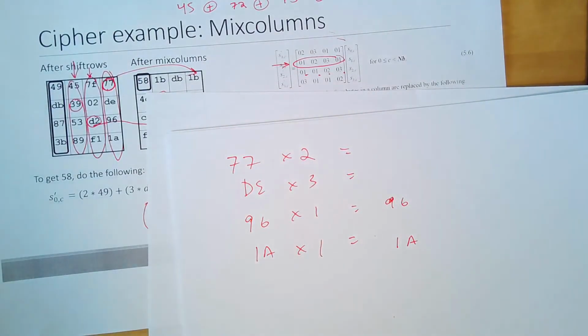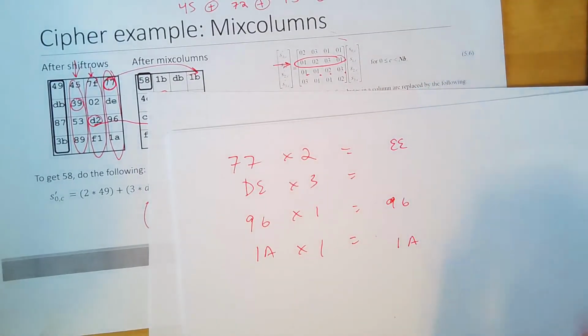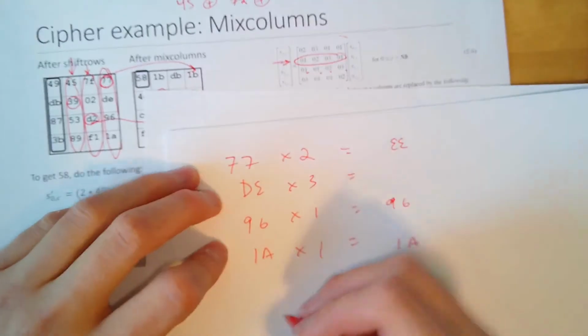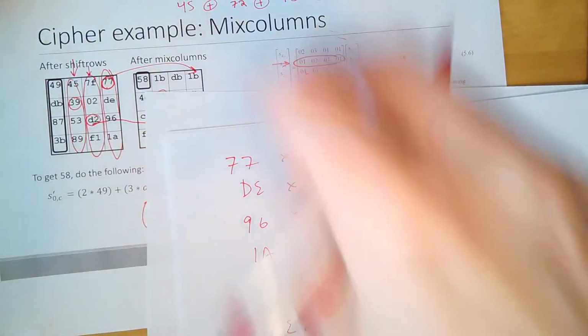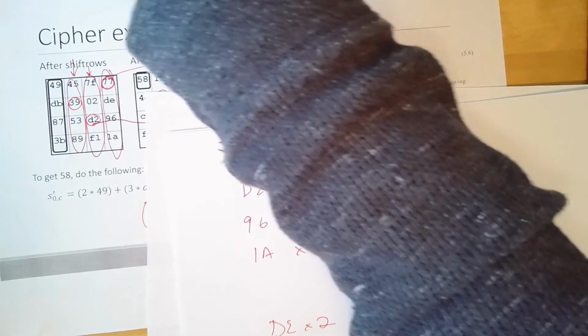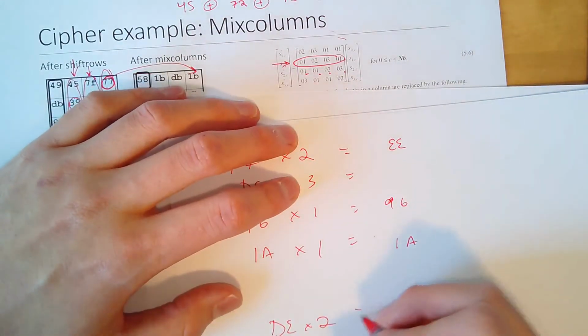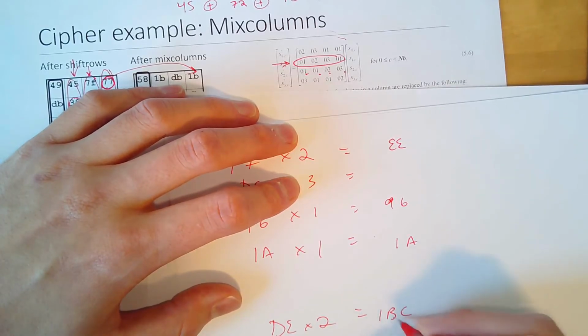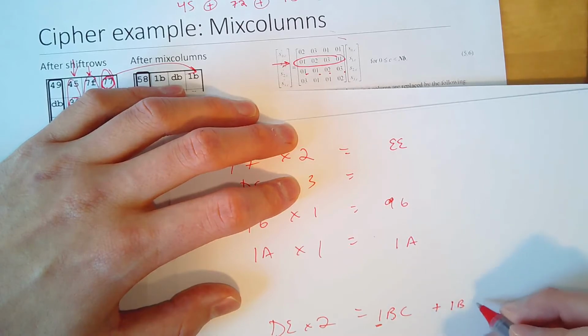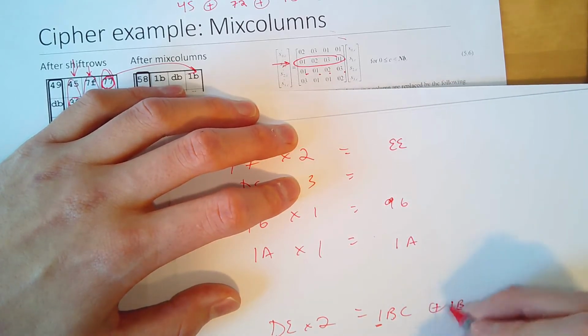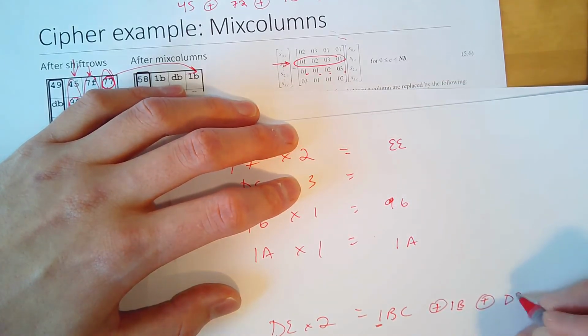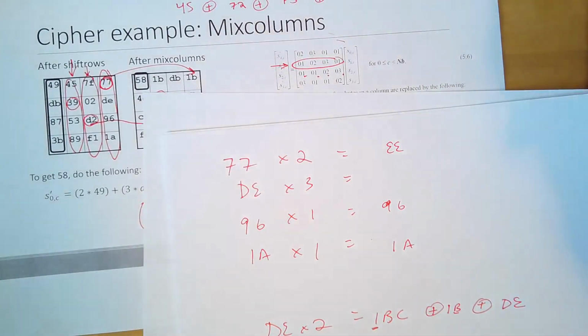77 times 2 gives us EE. Don't have to do anything. There's no overflow. So DE. For the DE case, I'm going to multiply by 2 first. Gives us 1BC, means we have to XOR with 1B. And we're going to XOR with DE again because that's a multiply by 3.